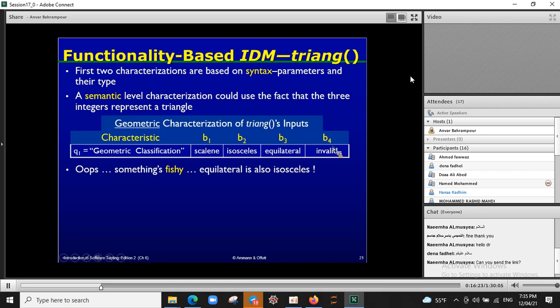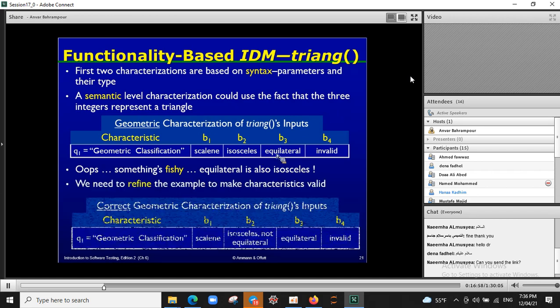So when we want to fail any program, we should feed it with invalid inputs as well as other valid values. By this classification, we have 4 blocks, but as I told in the previous lecture, this could be fishy.